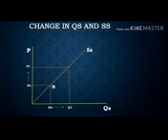Then we get a point called M. So because the price has increased, we have moved from point N to point M.